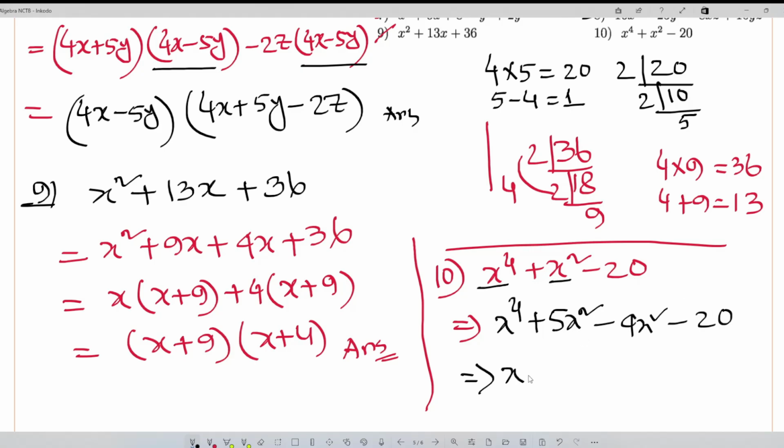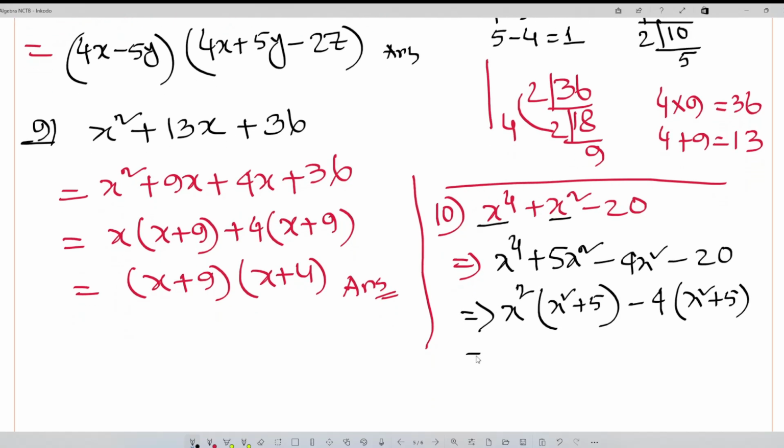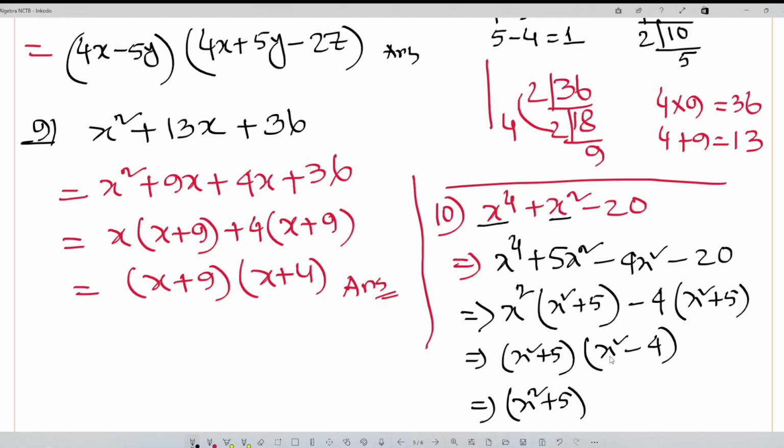So we take common x², so here is x² + 5, and again we take common 4, so x² + 5. Now from these terms we can take common x² + 5, so here is x² − 4. Now x² − 4 we can write (x + 2)(x − 2), and this is our answer.